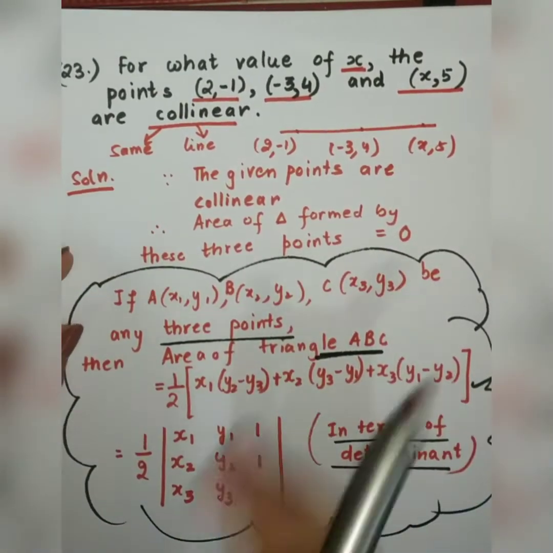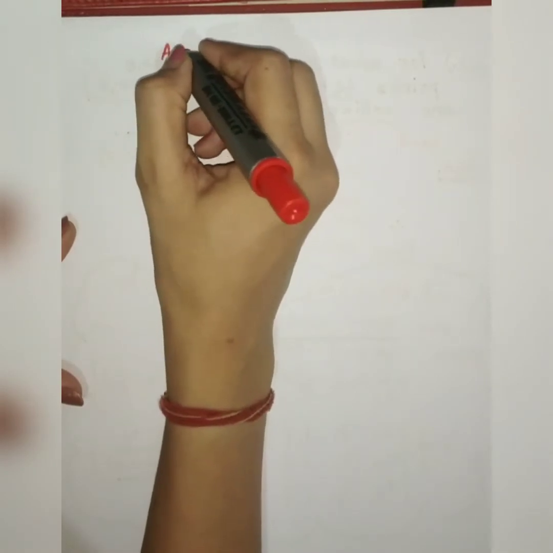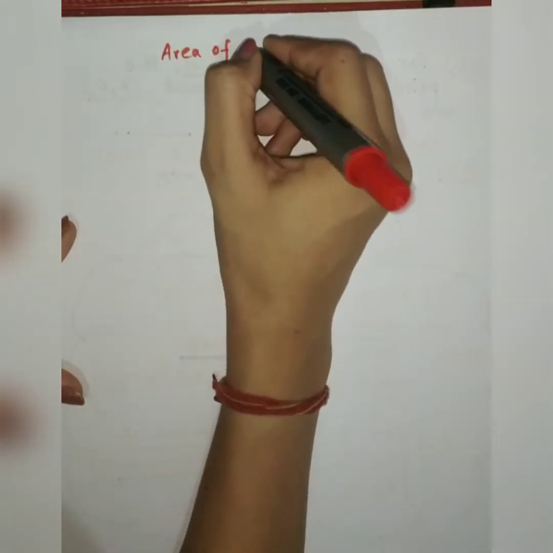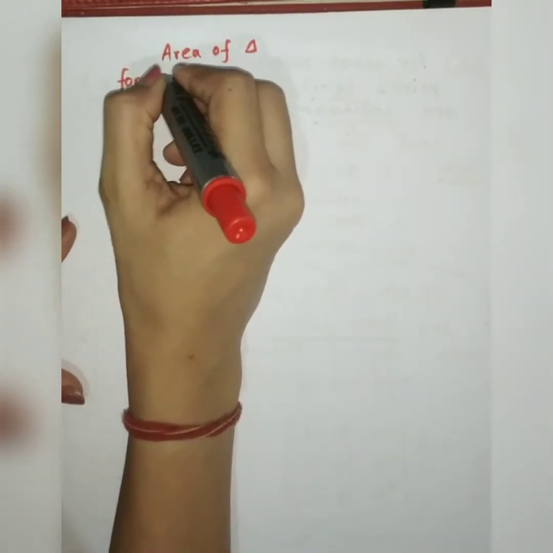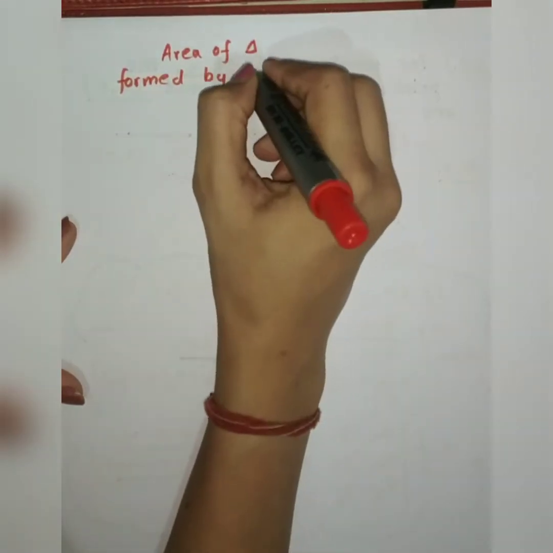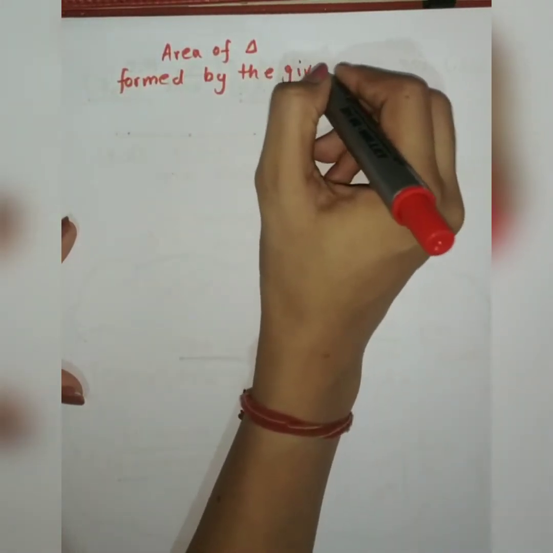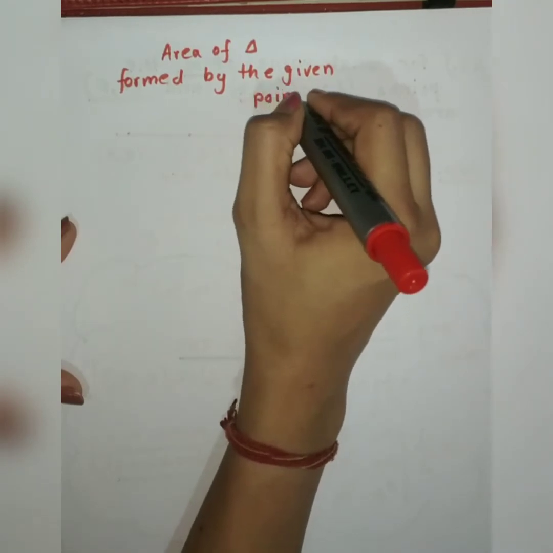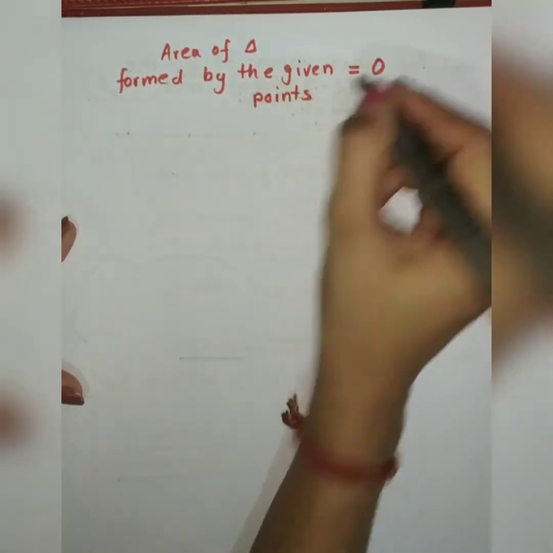So applying this result here, you can write the area of the triangle formed by the given points is equal to 0.